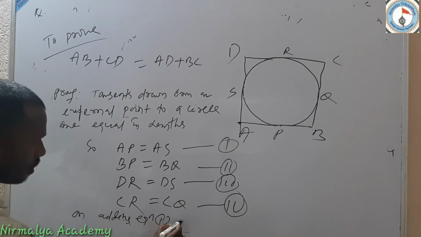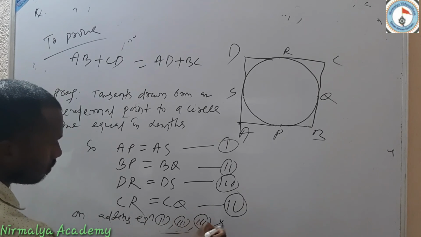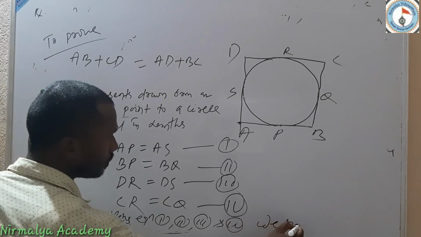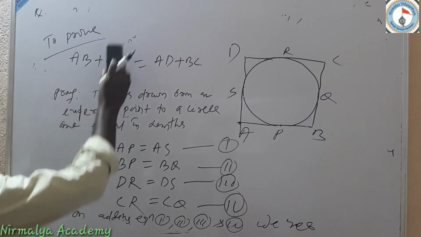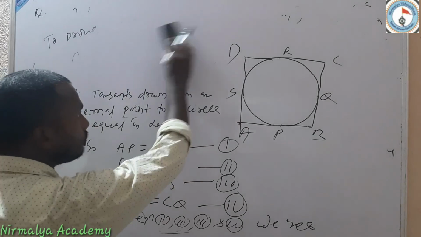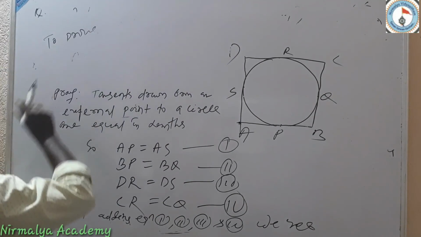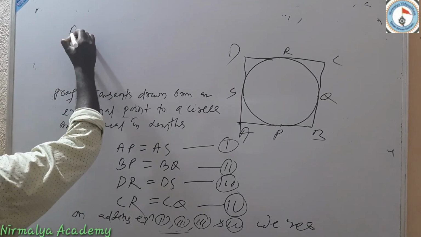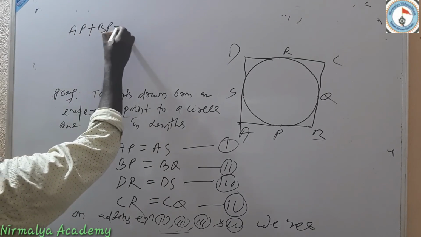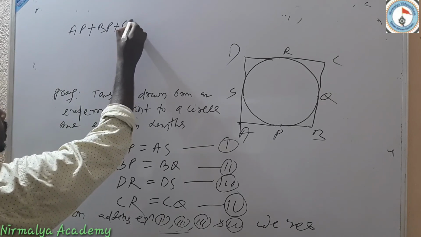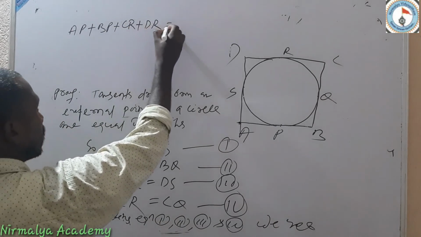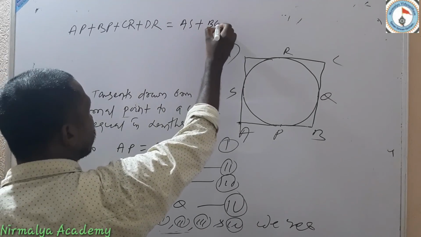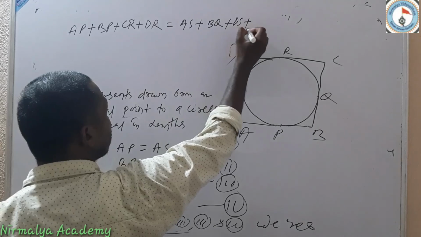Now on adding equations 1, 2, 3 and 4, we get, on LHS, AP plus BP plus CR plus DR, that equal AS plus BQ plus DS plus CQ.